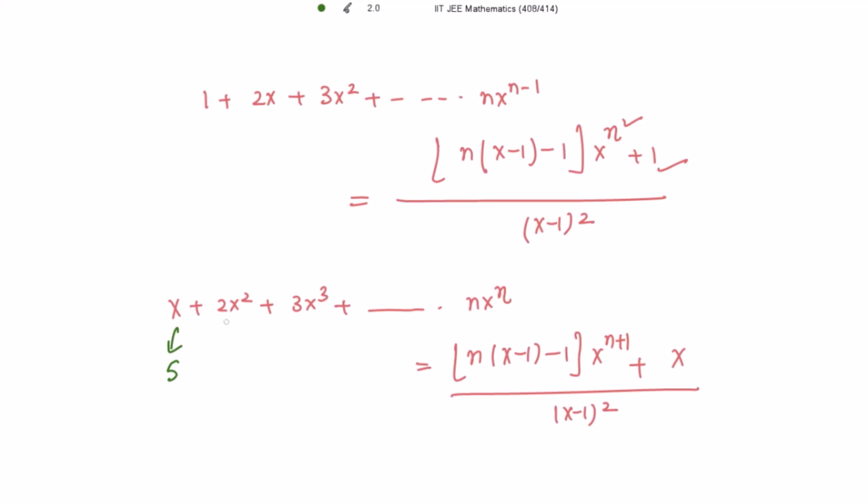So we need to just replace now x with 5. So let's replace x with 5. We get 5 plus 2, 5 square plus 3, 5 cube, so on.